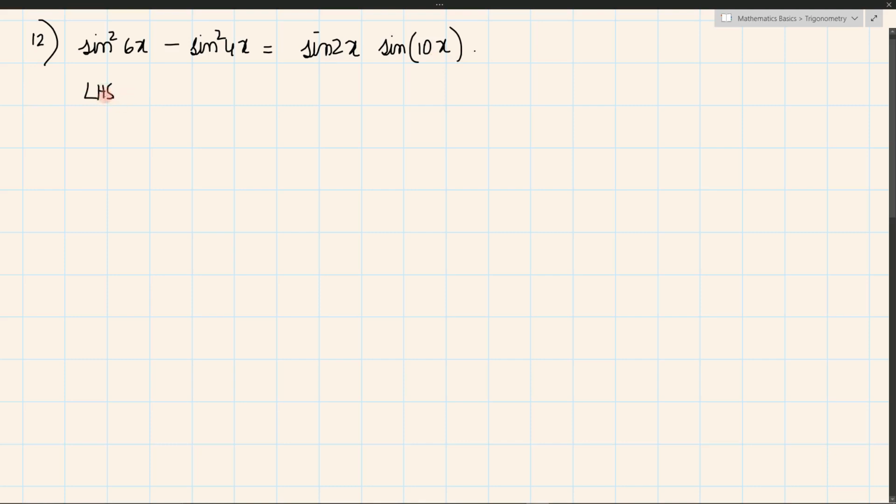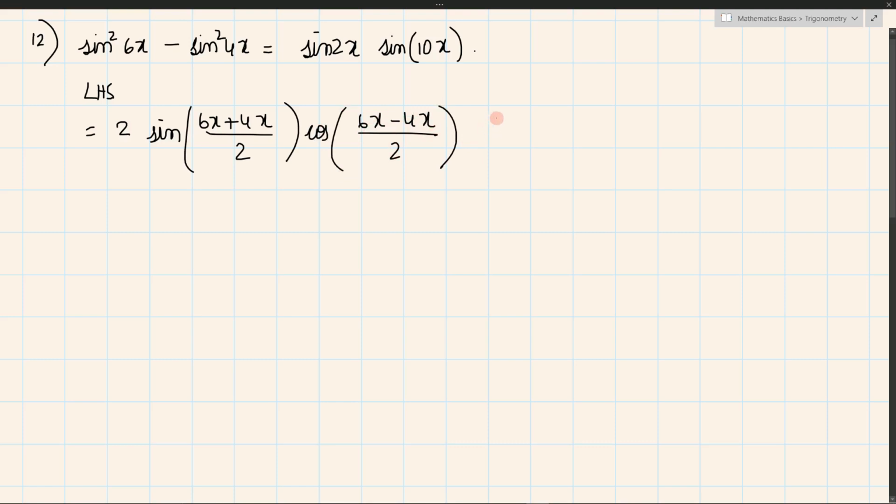So this can be written as 2 sine of (6x plus 4x) whole divided by 2 into cos of (6x minus 4x) whole divided by 2. I just skipped one step.